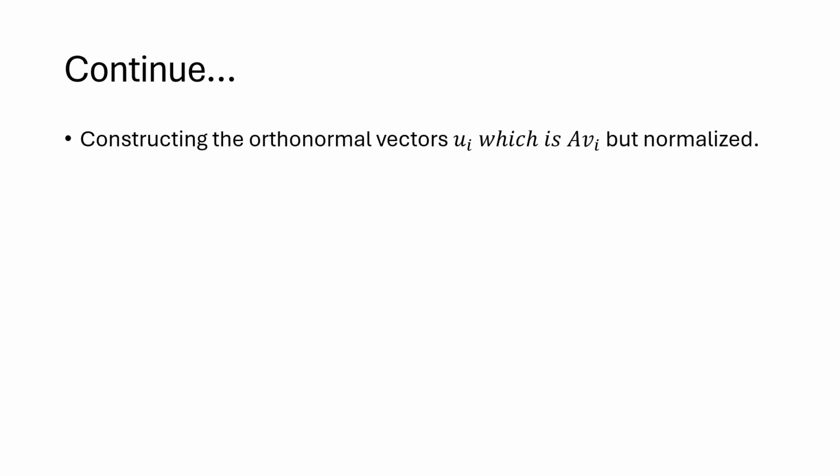Now let's see how this can help us with actually finding the singular value decomposition. So first, what we have to do is construct the individual orthonormal vectors U, which is just the vector AV, but normalized.